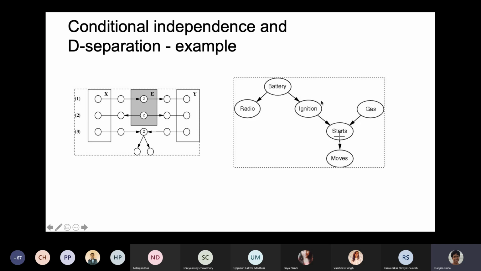Now, if we take the pathway between ignition and gas, say we consider my Z to be start, there will be no pathway if I remove Z. So start is blocking my pathway from ignition to gas, if we consider the undirected path. So in this case, start is d-separating ignition and gas. Is it clear?